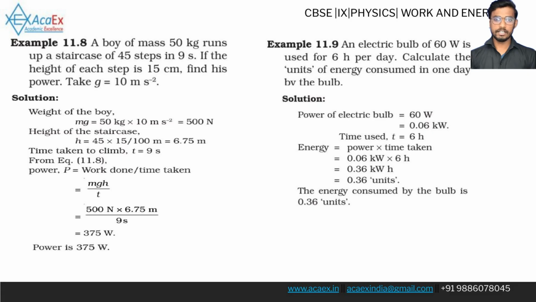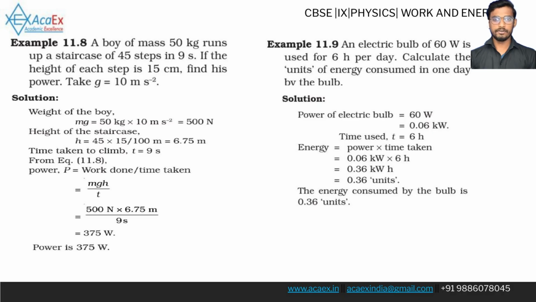Time taken, t equals 9 seconds. Power P equals work divided by time equals m multiplied by g multiplied by h divided by t. This equals 500 newtons multiplied by 6.75 meters divided by 9 seconds, which equals 375 watts. Power is 375 watts.